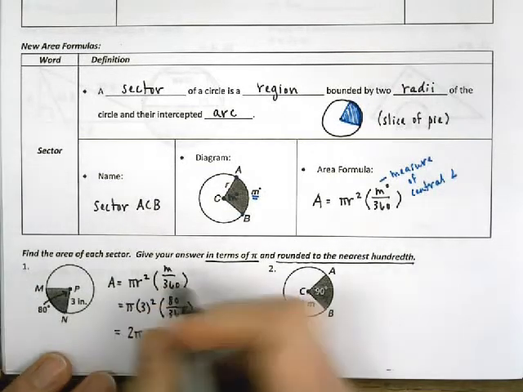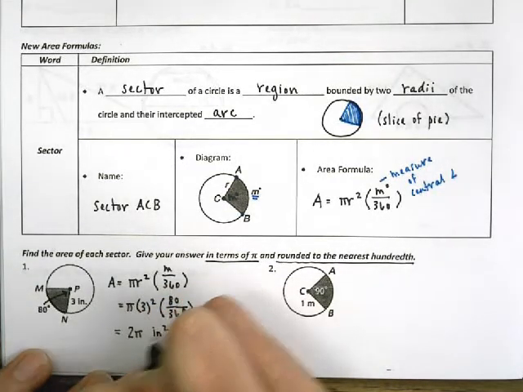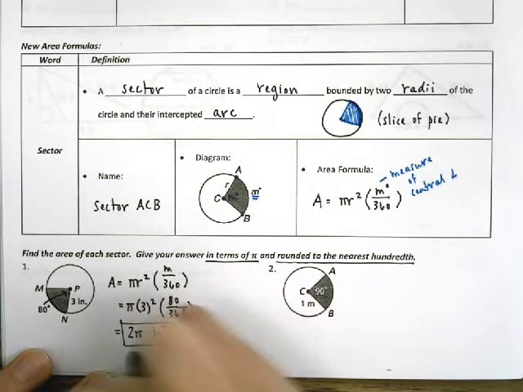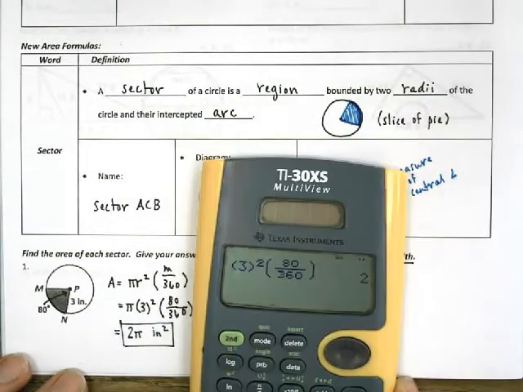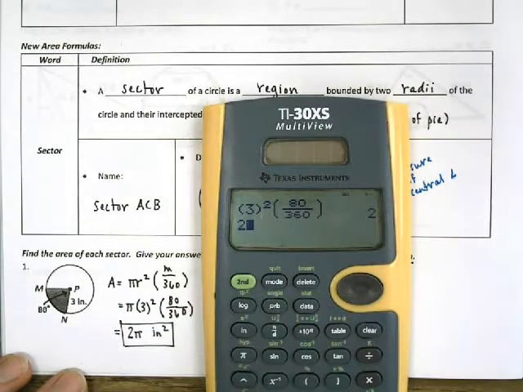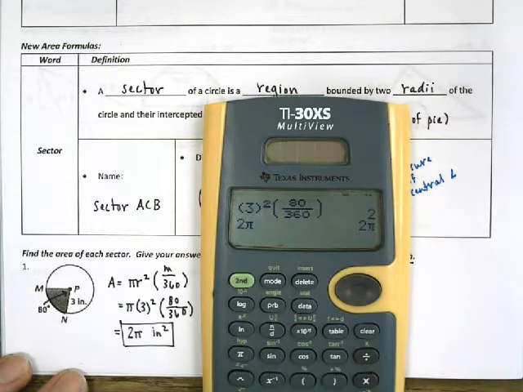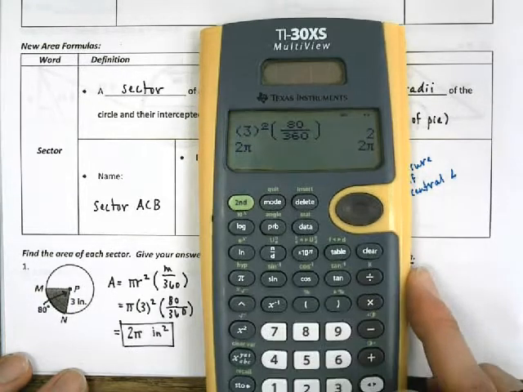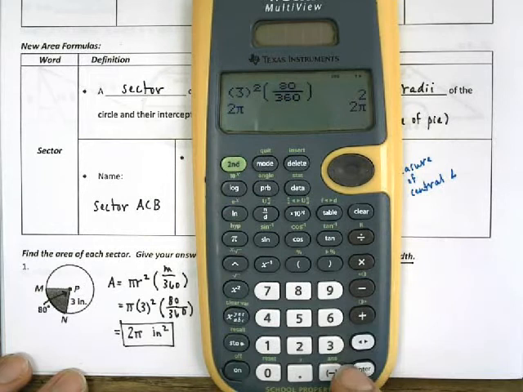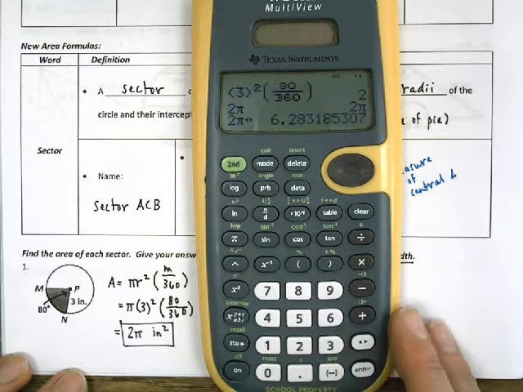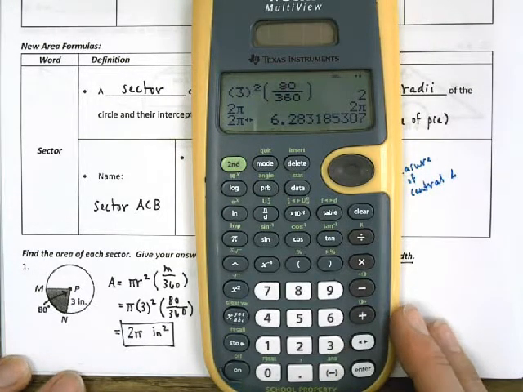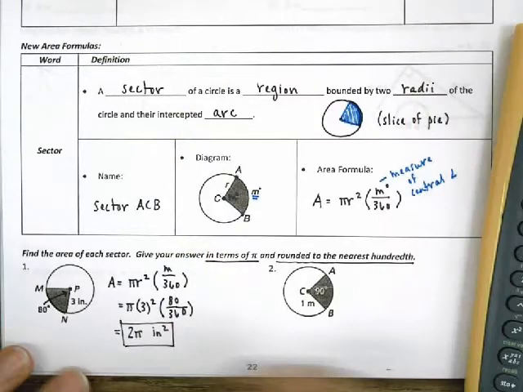So my exact answer is 2 pi square inches. Now to get the rounded, I'm just going to type in 2 and then the pi. It's going to give me 2 pi, but again, I can use these double arrows here to get that rounded. And I get 6.28 square inches.